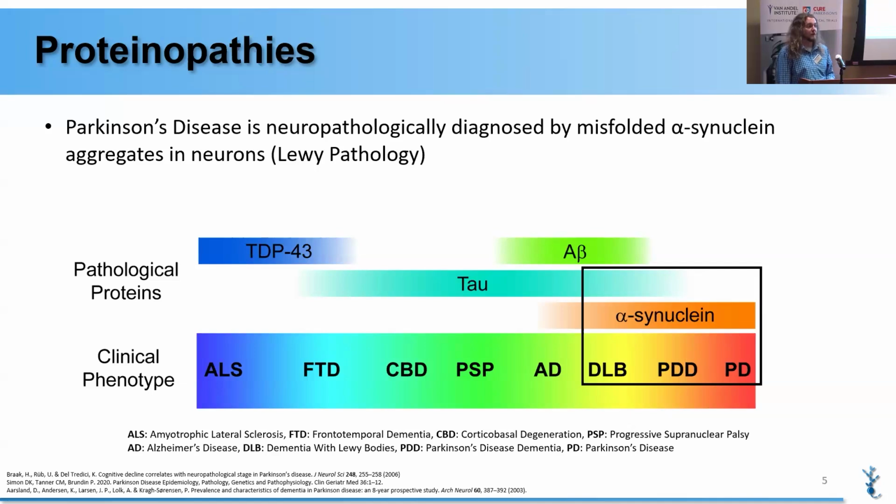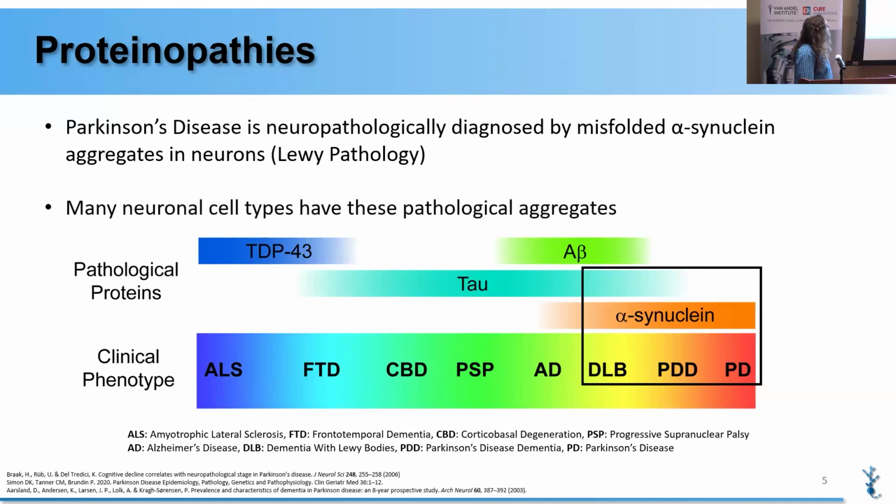This misfolded alpha-synuclein is how we confirm the diagnosis of Parkinson's disease post-mortem. And additionally, it's really important to understand that many neuronal cell types have these pathological aggregates. It's not just the dopaminergic neurons, but throughout much of the brain, there are cells that can have this pathology. And not all patients with Parkinson's disease have this Lewy pathology, and there are many factors that contribute to that, but many patients do.